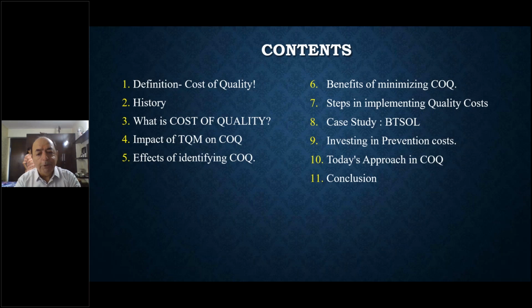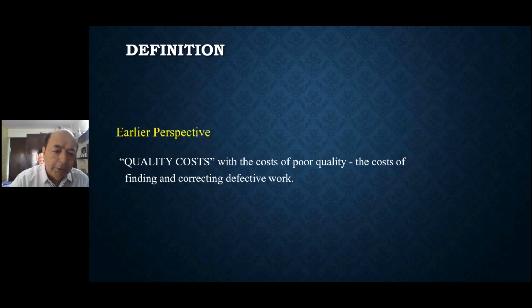Cost of conformance has got prevention cost and it's got appraisal cost. Prevention means you have come to know that there is something going wrong in the process because of which the output is not meeting the specifications or the requirement of the next customer or the eventual customer. So you have decided to spend money and prevent failures.